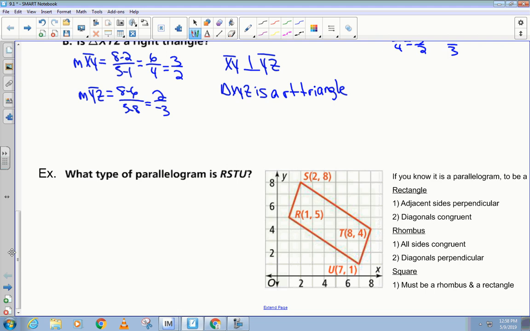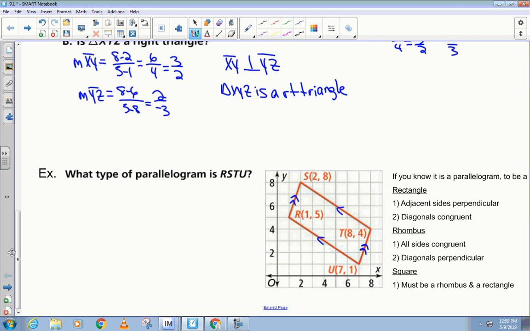Okay. If it's a rectangle, you know that the adjacent sides are perpendicular, right? Which means that the slope of one side and the slope of the other are going to be opposite reciprocals, right? Because these obviously are going to be the same slope, and these are going to be the same slope. But if the adjacent ones have slopes that are opposite reciprocals, that tells you that there's a right angle. That means that it's going to be a rectangle, okay? If you already knew it was a parallelogram, you would just need to check one pair of adjacent sides because you already know that your opposite ones are parallel, okay?